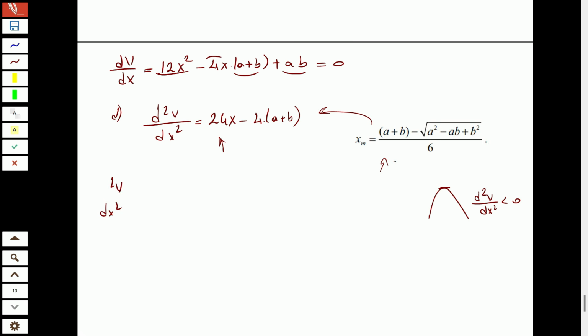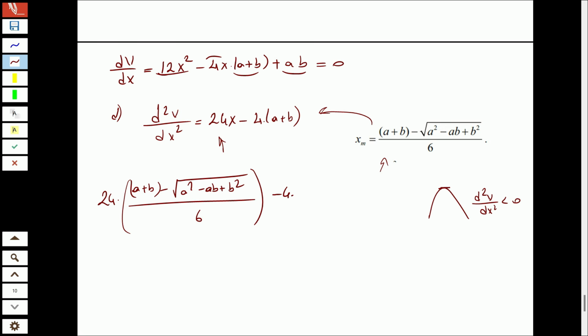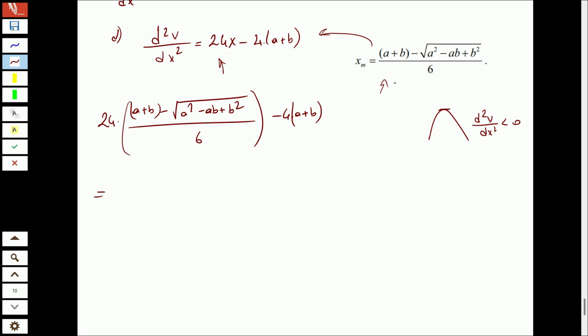You can directly write 24 times x sub m, which is given in the equation, minus 4 times (a plus b). Simplify this expression. You can cancel 6 in here; it's going to be 4. But 4 times (a plus b) also will be cancelled. In this case, there will be just minus 4 times the square root of a squared minus ab plus b squared.